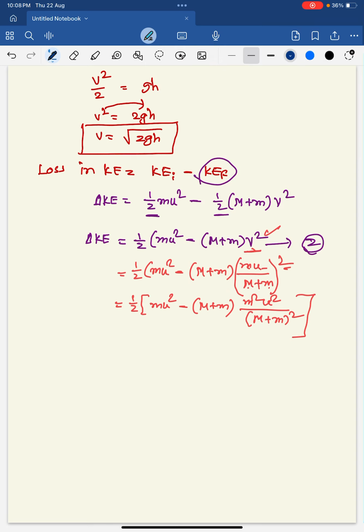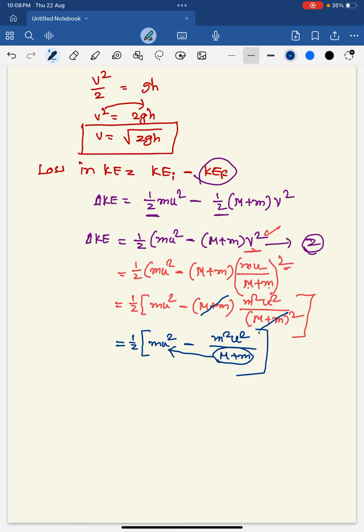Finally, look at this expression here. In the numerator, capital M plus small m is there, and in the denominator capital M plus small m, one time cancels. The rest of the equation we can write as half into mu square minus m square u square by capital M plus small m. This denominator, capital M plus small m, is multiplied with this term.